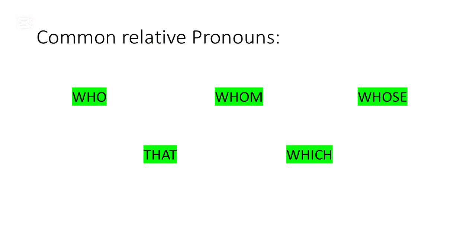So what are the relative pronouns in English? We have who, whom, whose, that, and which. Each of these pronouns is selected based on the nature of the noun that comes before them.